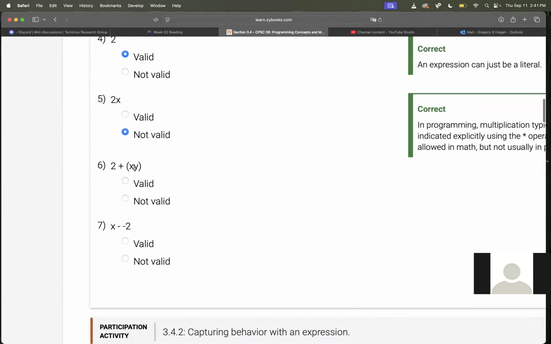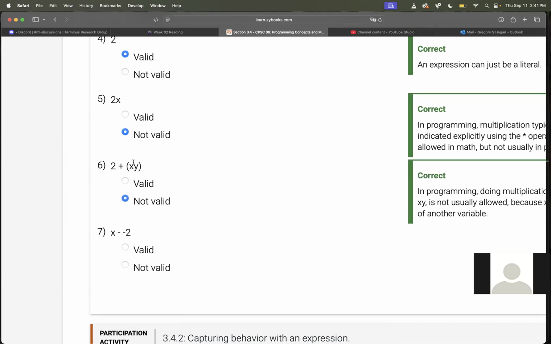Could you write 2 plus xy? No. Well, technically yes. If your variable is named xy, then this is just one thing in here and then it's allowed. But if this means x times y, then you're not allowed.